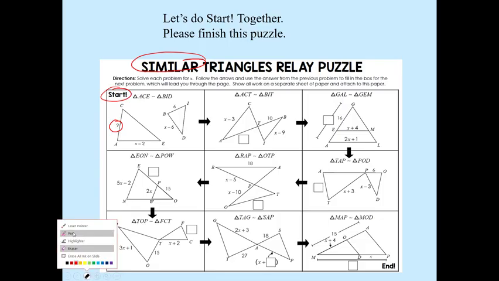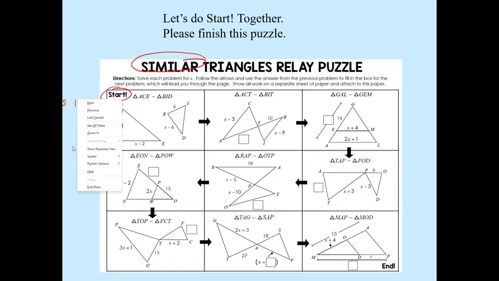I may have set this up a little differently on my work, so let's do this. Okay, 9, I'm going to do the small triangle. I'll just put this right here. So we've got 9, and x minus 2 on the small.